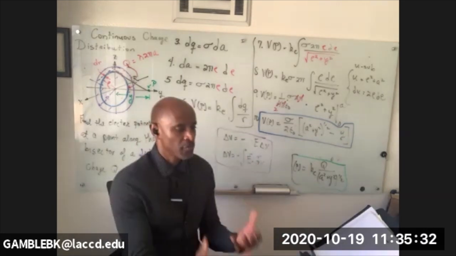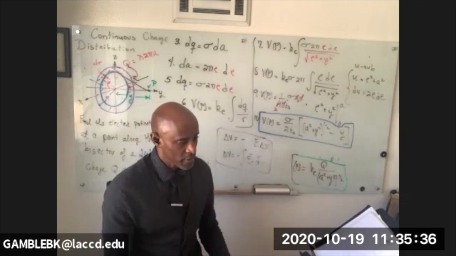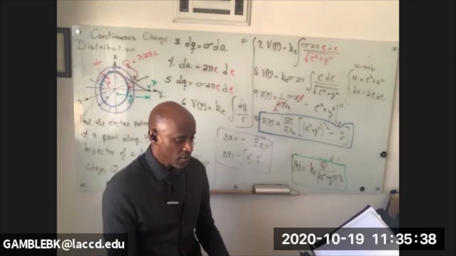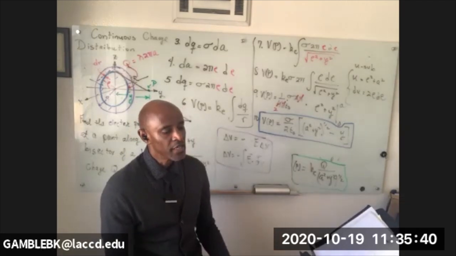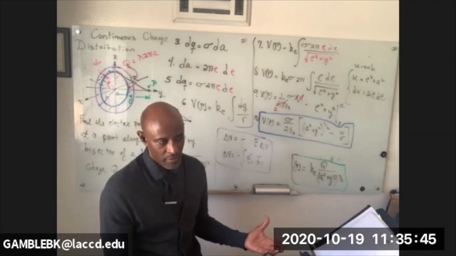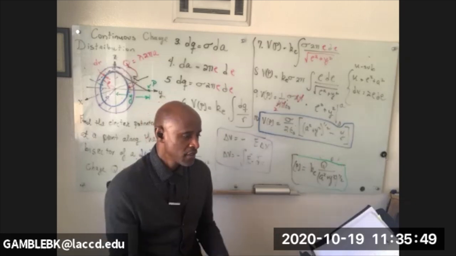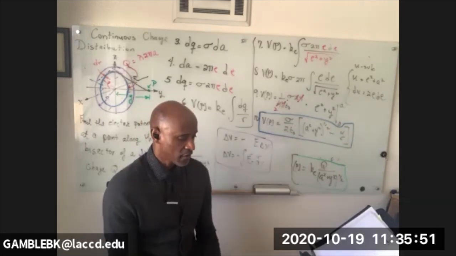They're coming from the digital platform, but those problems do come from how Halliday and Resnick introduced the material. So Sears is now a supplementary text because that's not the one Wiley uses, and I want to use the Wiley platform as the official management platform for the class.